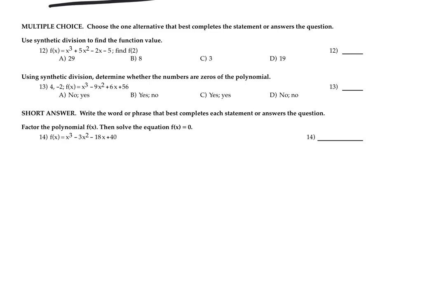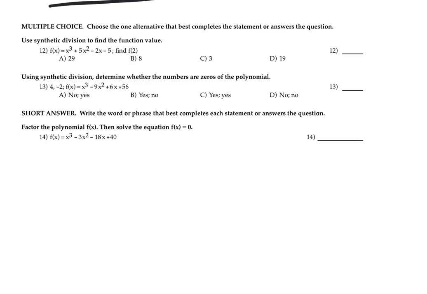Okay, 12 and 13, those are the ones, especially because these are multiple choice. You can do synthetic division if you want. I know that's what the directions tell you to do, but it's also like page 1 where you can just take those numbers and plug them into your function. I'll tell you a real quick and easy way, especially if you have a couple of numbers to check.